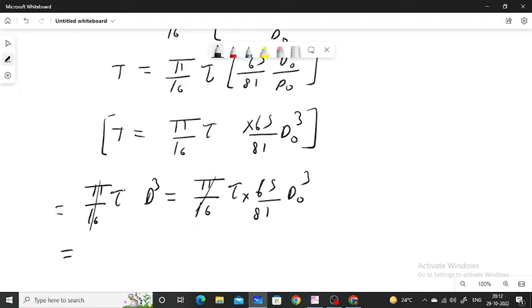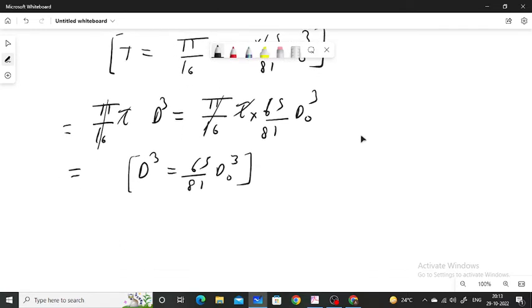So d cube will be 65 upon 81 d outer cube. Clear? Or from here d will be equal to 0.929 times the outer diameter of the hollow shaft.